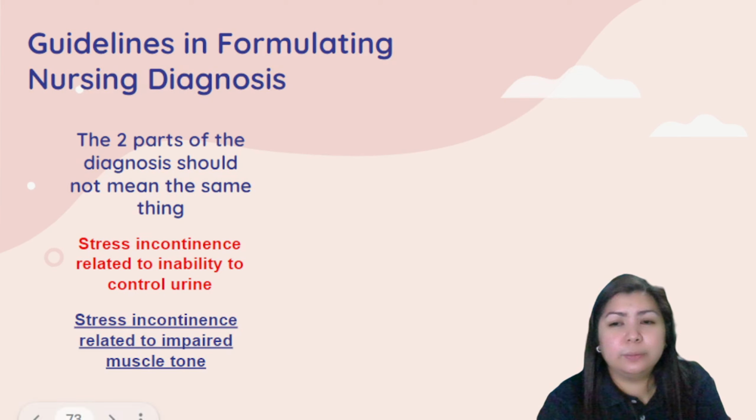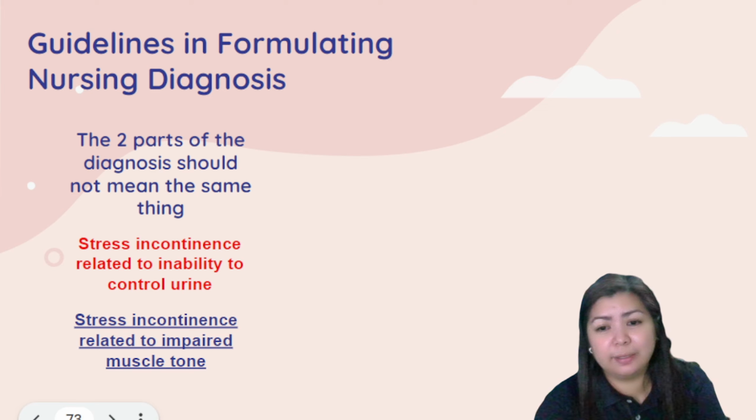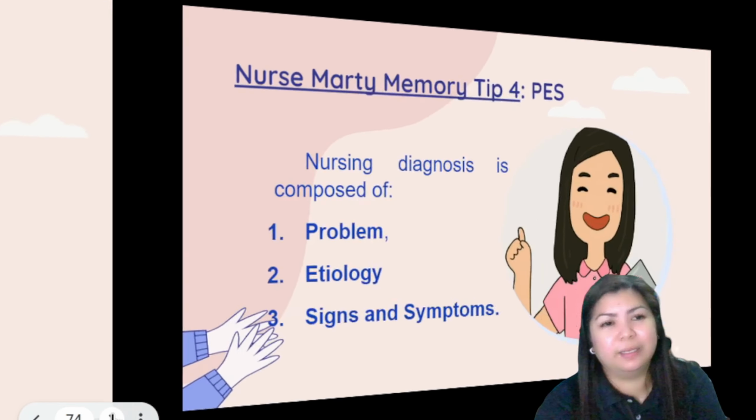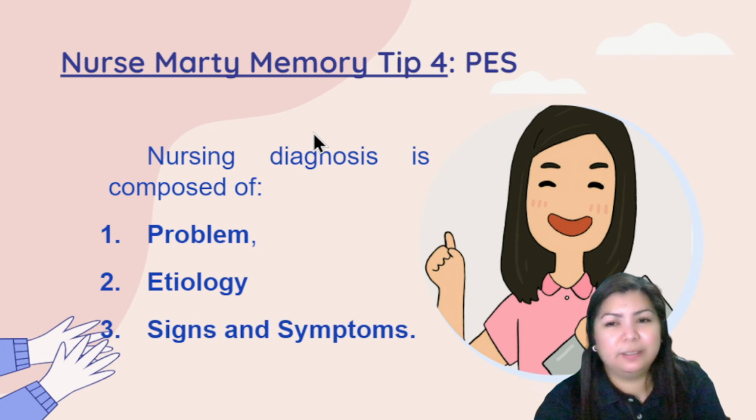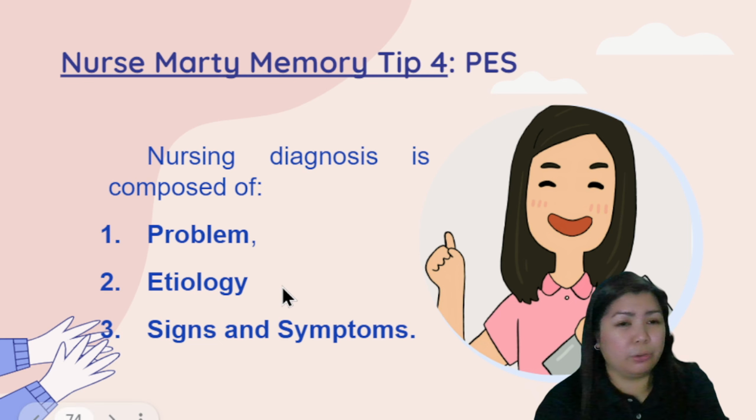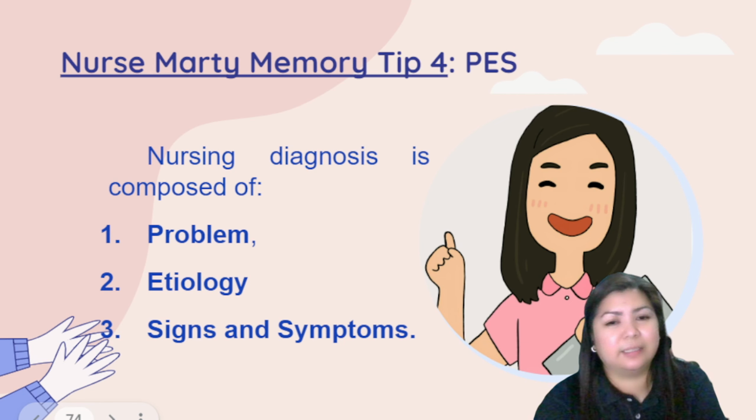Okay, so these are your guidelines so that you may be able to properly and correctly write your nursing diagnosis. Do not forget our Nurse Marty memory tip number 4, PES. Nursing diagnosis is composed of the problem or your diagnostic label, the etiology, which is the cause, and your signs and symptoms, which are your defining characteristics.